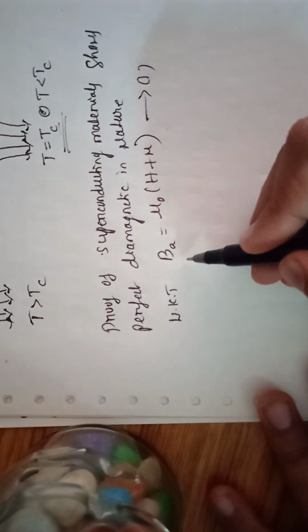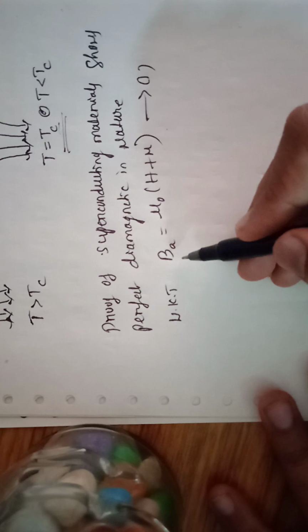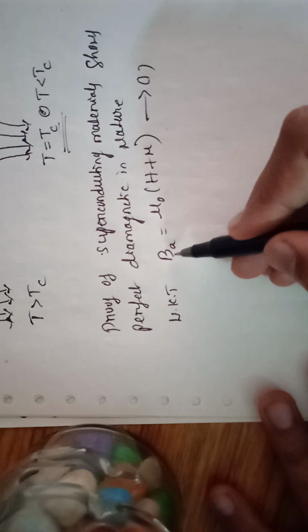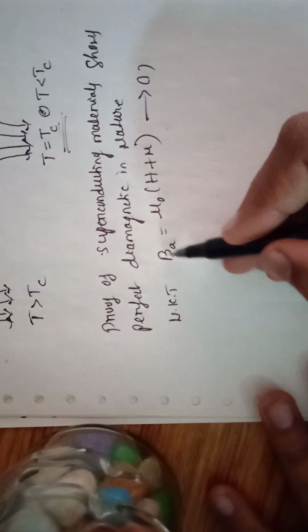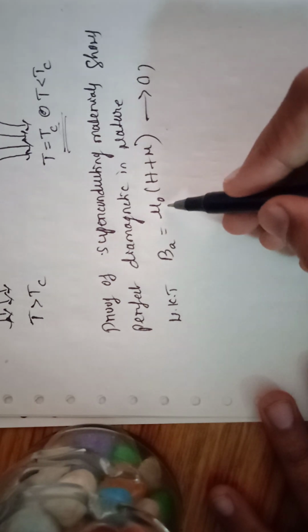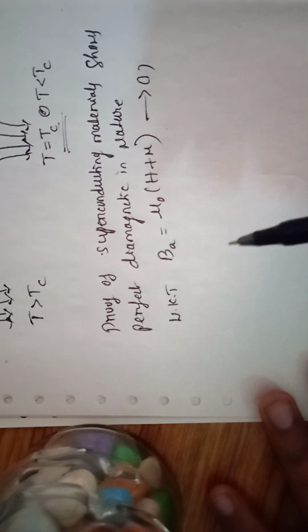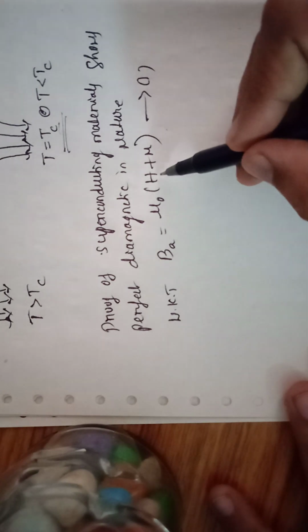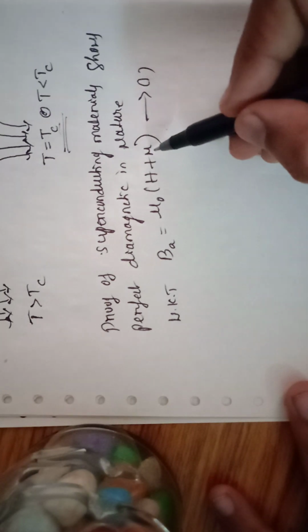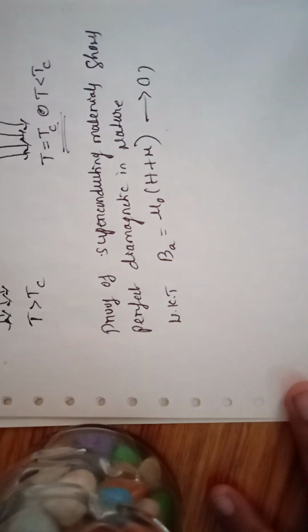Here B_A is the applied magnetic field, the applied magnetic flux. Mu naught is the permeability of free space, H is the applied field strength, and M is the magnetization of the material.